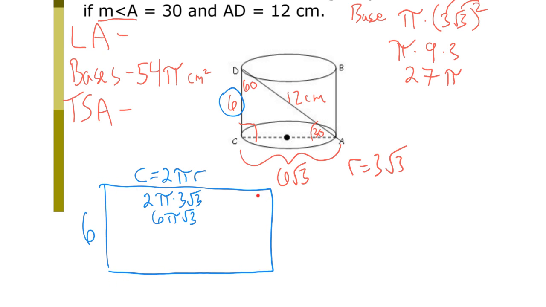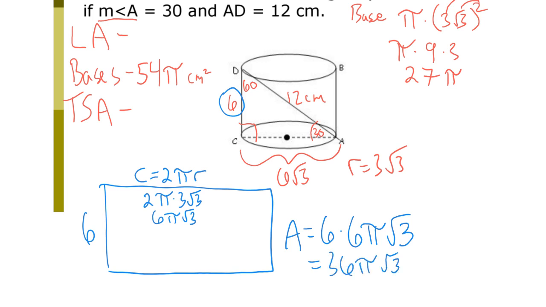And this is just a rectangle, so my area of this rectangle is base times height, my two dimensions multiplied together, which will be 36 pi root 3 centimeters squared.